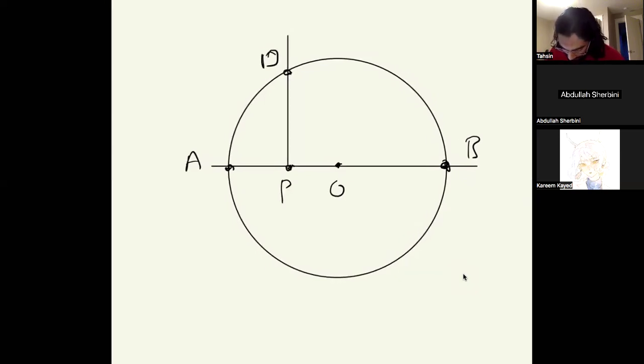Now we have E, so that there are some angle conditions. What are the angle conditions? They are that angle PDO equals angle EDO.